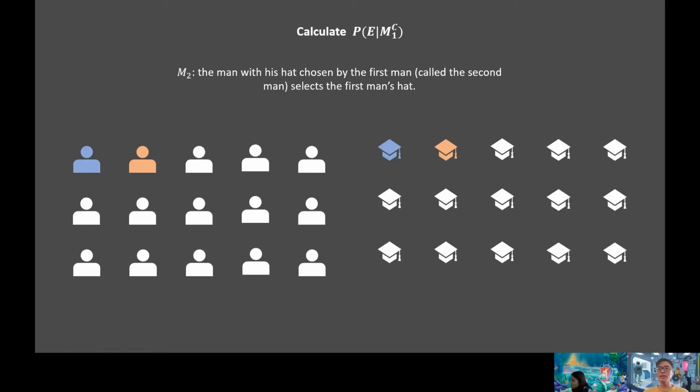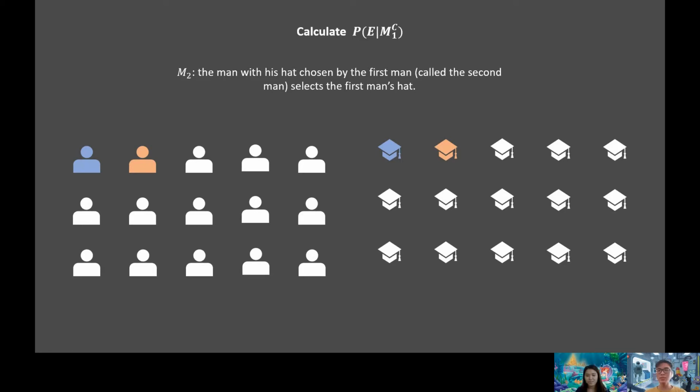Now let's look at the probability of E given M1C, which is the probability that no matches occur given that the first man does not select his own hat. To calculate it, we continue to condition on whether or not the second man, which is the man whose hat was chosen by the first man, selects the first man's hat.